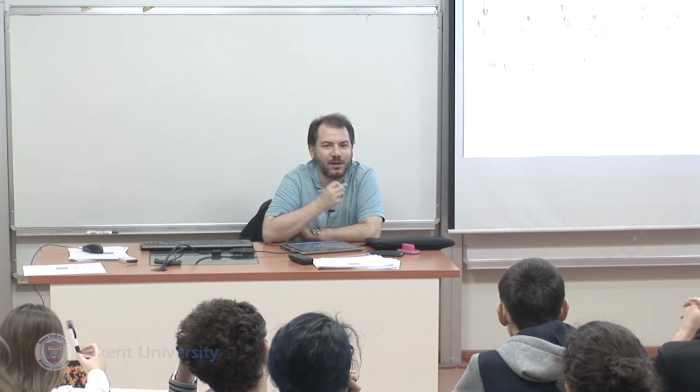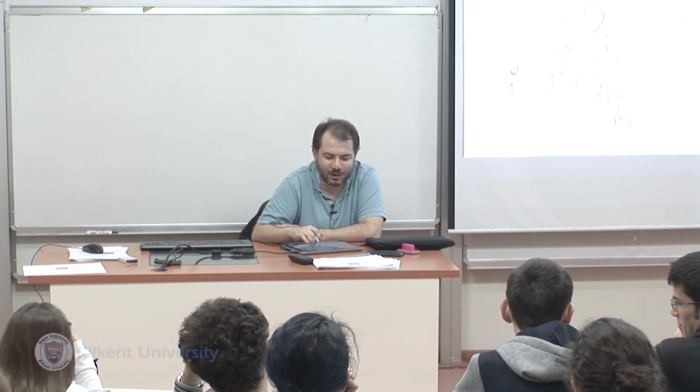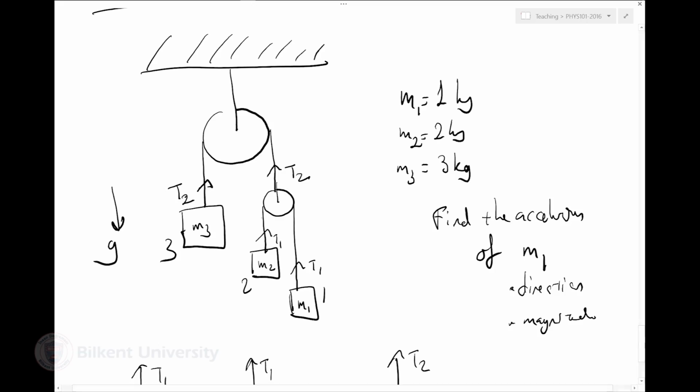I need more equations. One equation I can generate from the pulley here. The pulley is massless, right? So m a for this pulley is always 0, which means the net force on the pulley must be 0, which means 2T1 is equal to T2.